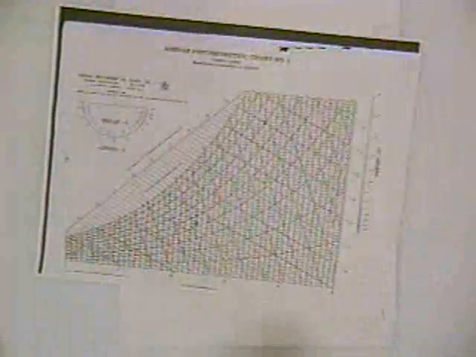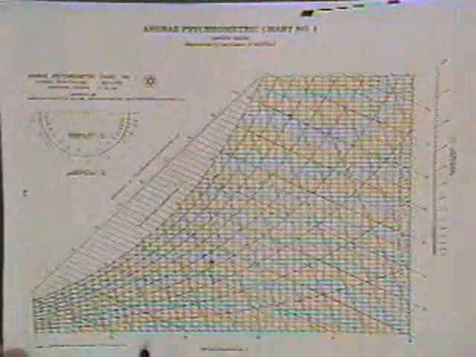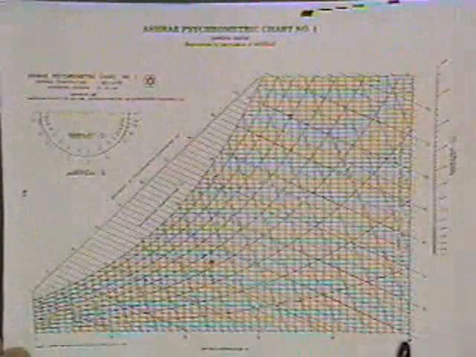So I've got a copy of the psychometric chart that I copied out of our book, Supplied Reference Manual, and there's an awful lot of lines on the psychometric chart. But again, as in the little sketch that I gave you before, dry bulb temperature goes along this axis down here.